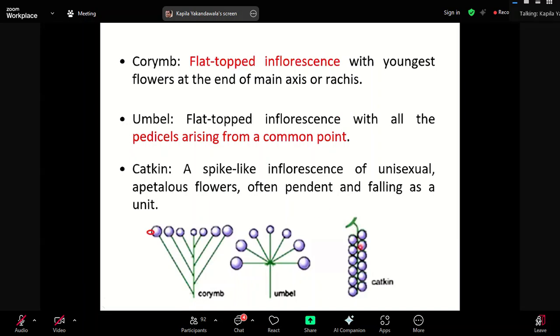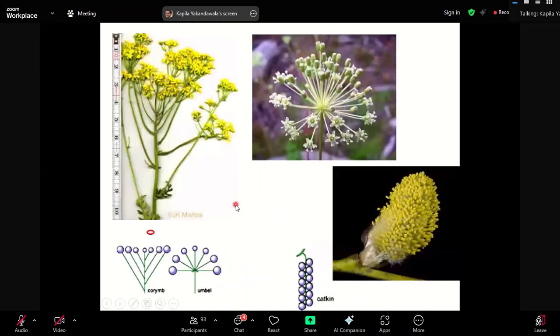In a catkin, all the flowers don't have any pedicel and they are hanging. It's a special group, right? Catkin. Right? This is corymb. You can see mature flowers, they have longer stalks. Younger have smaller ones. Umbel, all arise from the same point. This is a catkin. It is pendular, apetalous, no petals.